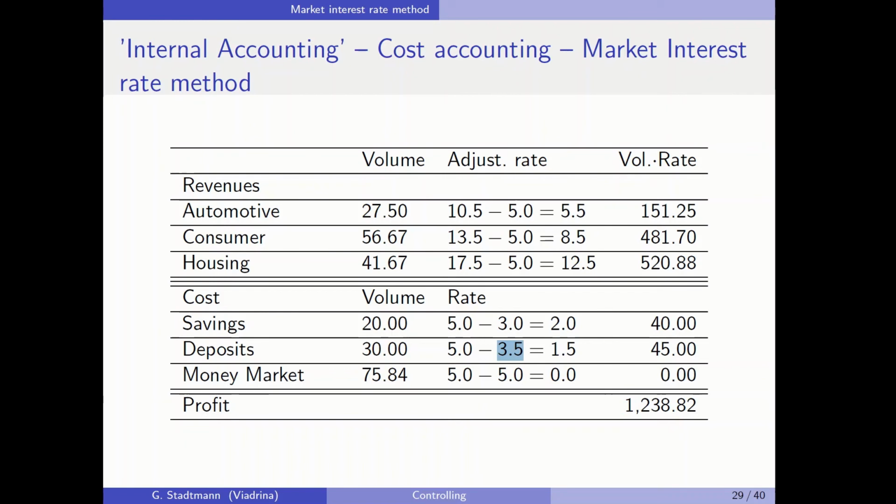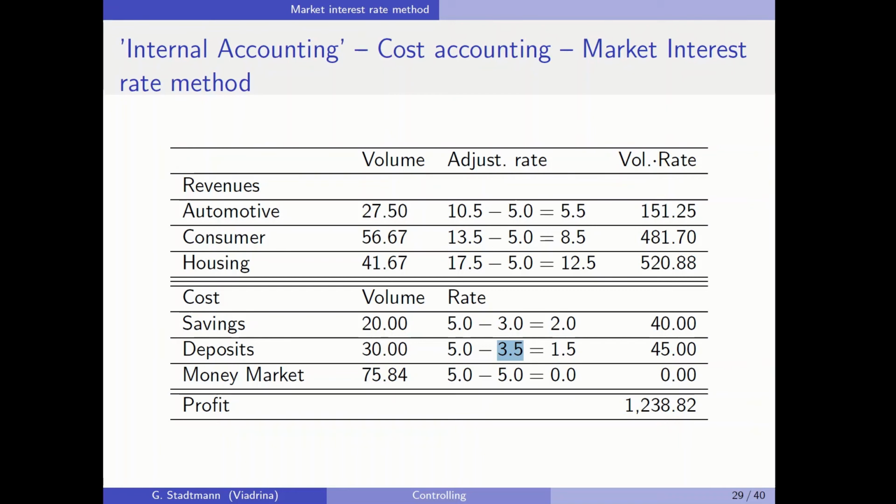So this is the main idea of the market interest rate method, that we should use the information from the market as a kind of neutral referee in order to find out whether the one or the other position in our balance sheet is profitable or whether this is not the case.